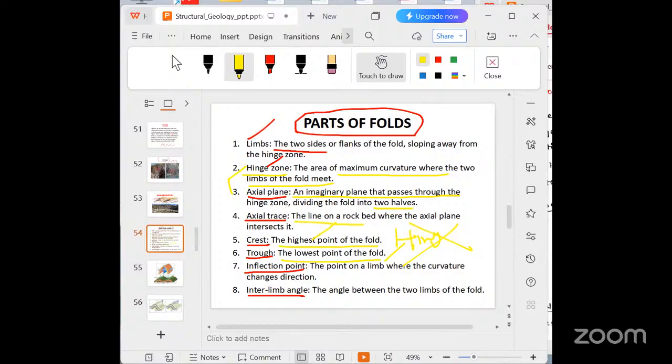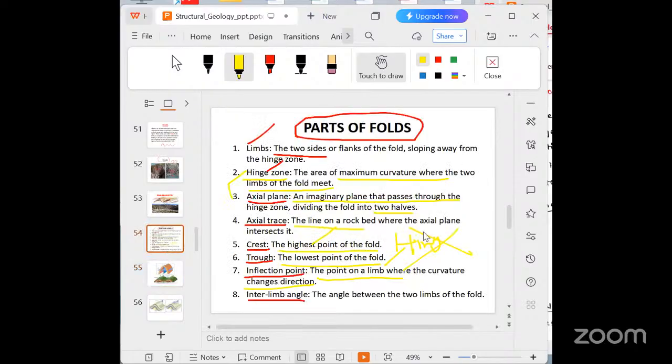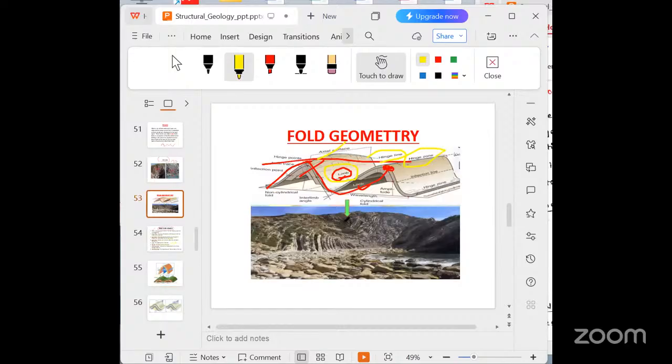And inflection point. That is the point on a limb where the curvature changes direction, right? The inflection point is a point of the fold with zero curvature, where its form changes.